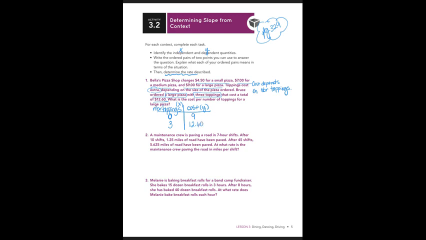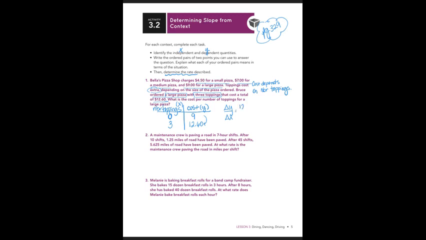Hopefully you now see something that looks very familiar. We know how to find the rate of change from a table. We have to find the change in y, remember our little symbol that we use, over the change in x. So I'm going to draw arrows here and say, I know I went from $9 to $12.60 on cost.